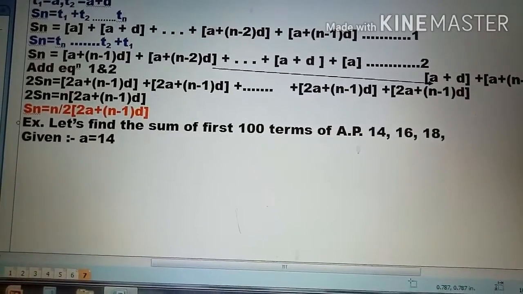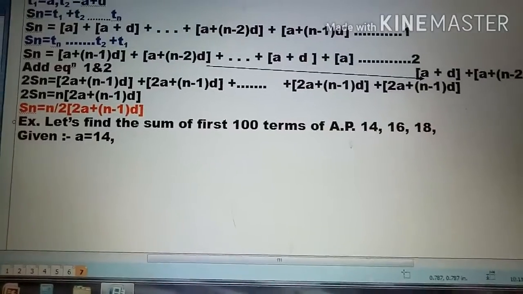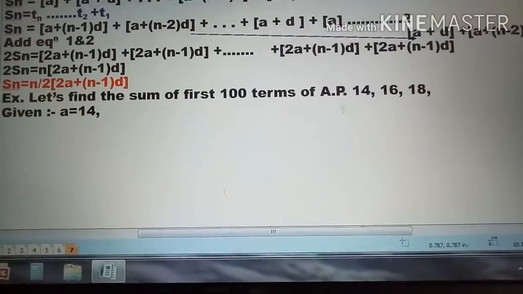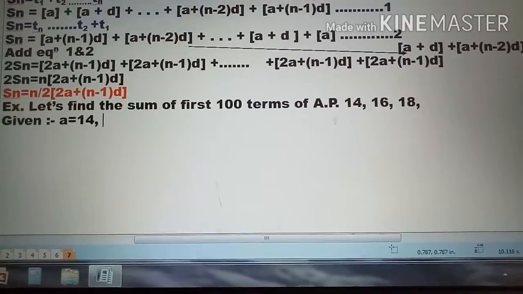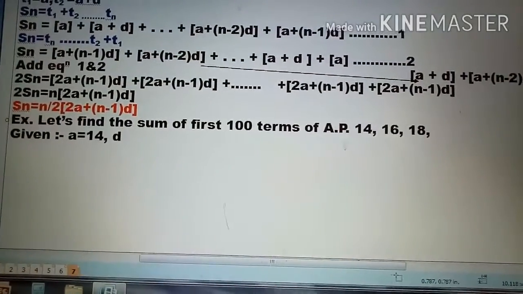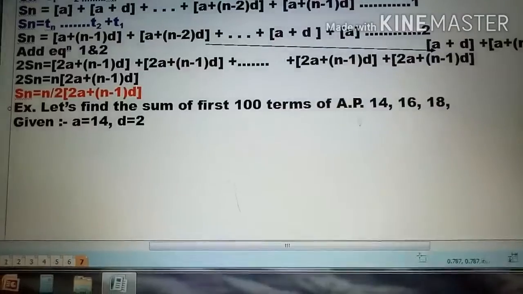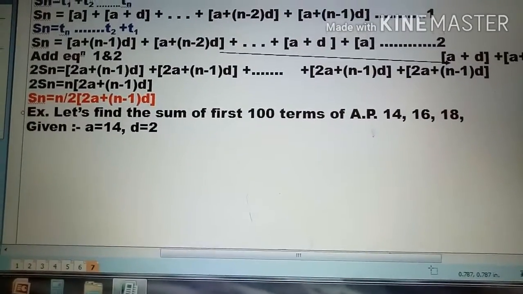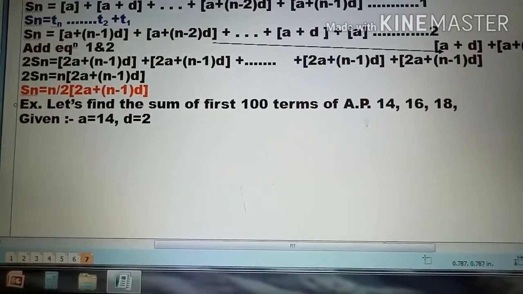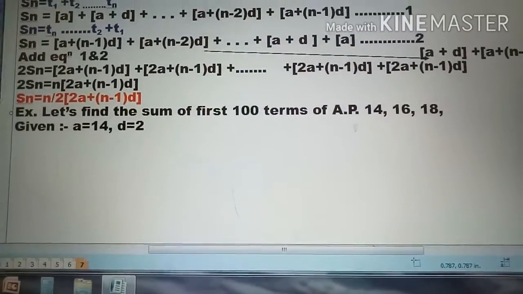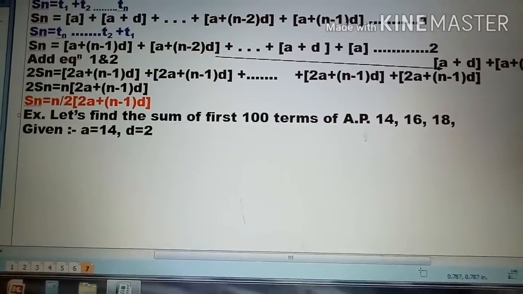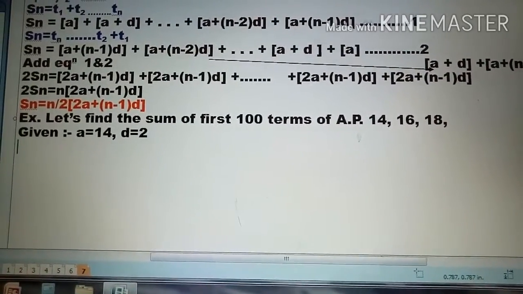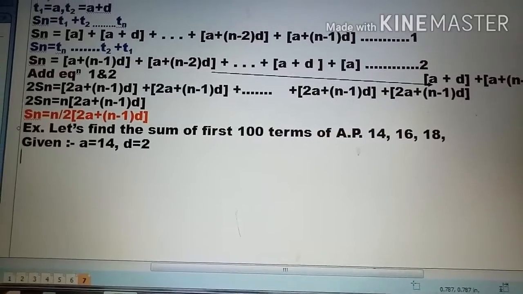After that we have to find the common difference, so check 14, 16 and 18, you can easily find the difference, only two, so small d is equal to 2, the common difference. We have to find the sum of first 100 terms, so the number of terms is 100.